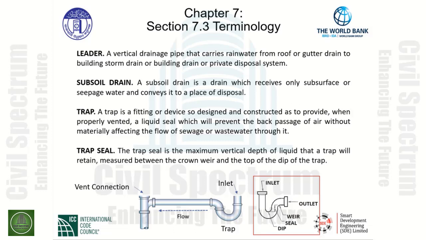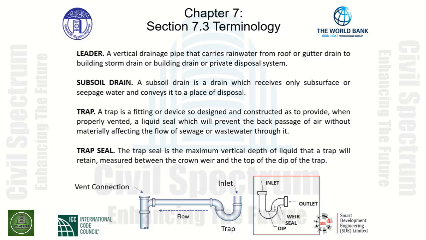As indicated at the top, we have the inlet into the trap. The dip is defined as the topmost part of the curve indicated in the trap. The seal is measured from the top of the dip to the very topmost part of the weir.